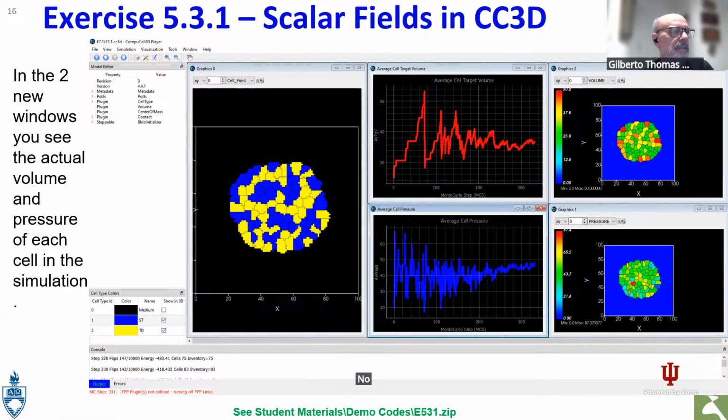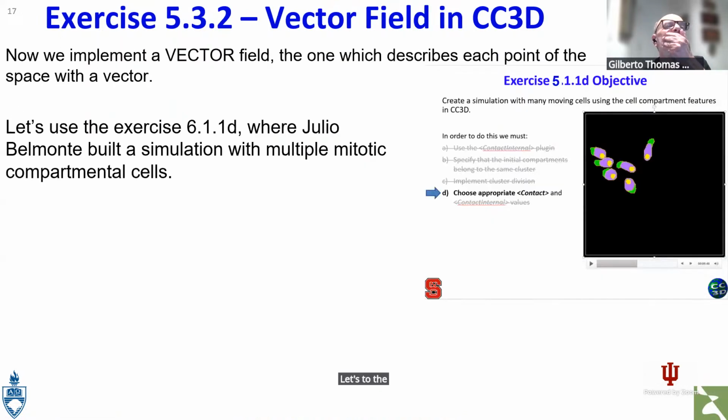Now, let's do the following. This morning, Julio presented you an exercise based on the one I showed also 2 days ago, where it has multiple cells dividing and moving around.